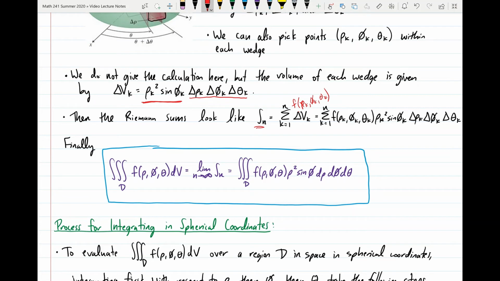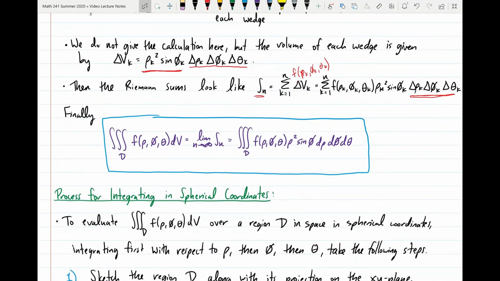But that'll give us the sum from k equals 1 to n of f of rho sub k, phi sub k, theta sub k times rho sub k squared times sine phi sub k, and then times all of these deltas that are still latched on the end here.